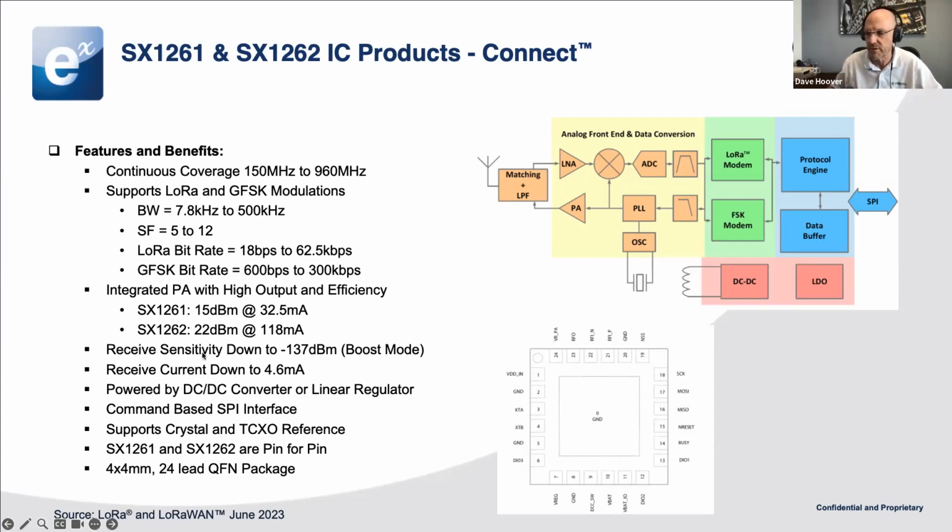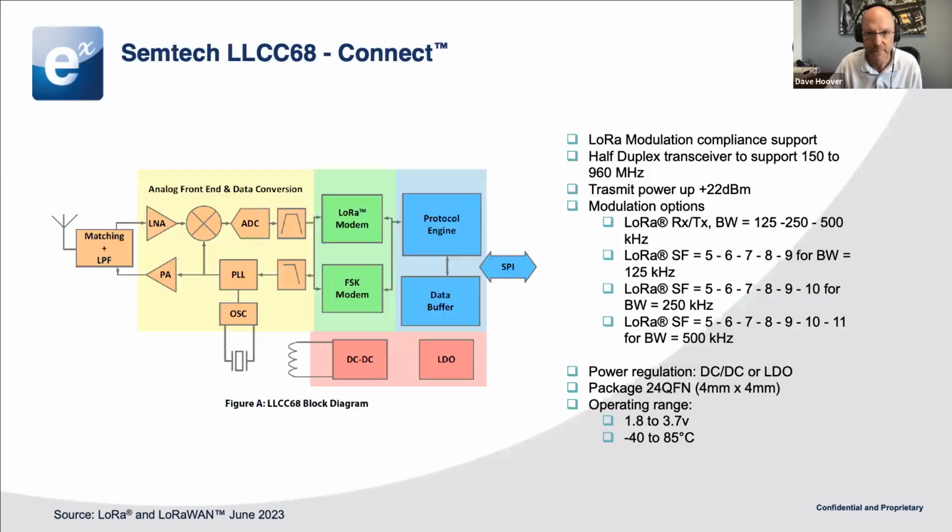Both of them have similar sensitivity, low current consumption, and then different ways of setting it up in terms of the regulators that you want to set up, and you communicate with it over SPI interface. Again, pin compatible between the two. Very small package, 4 by 4 millimeter in terms of the physical size of the chip.